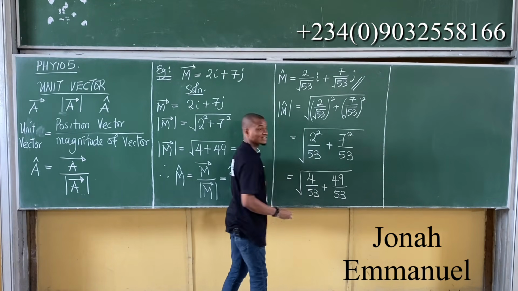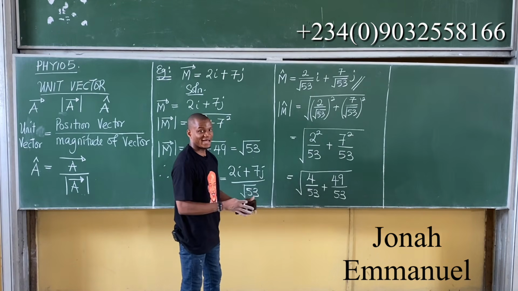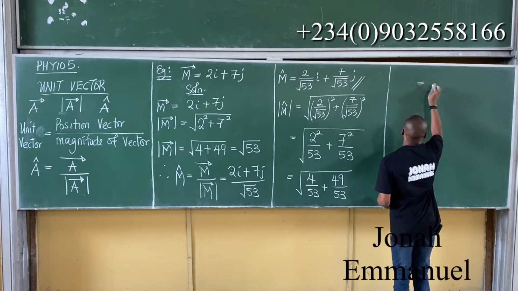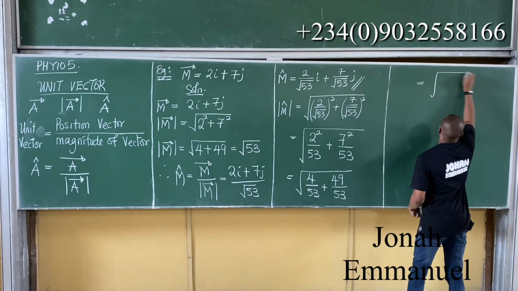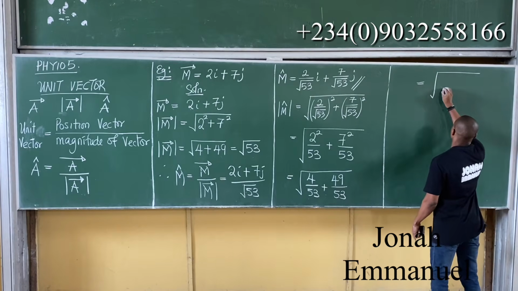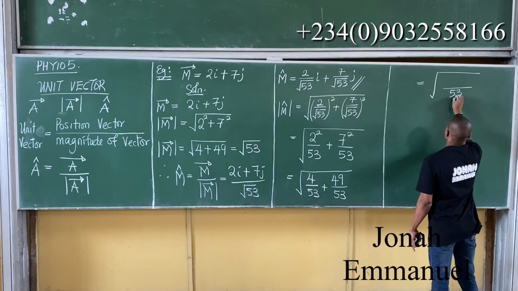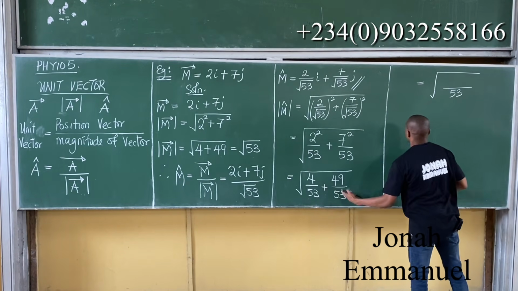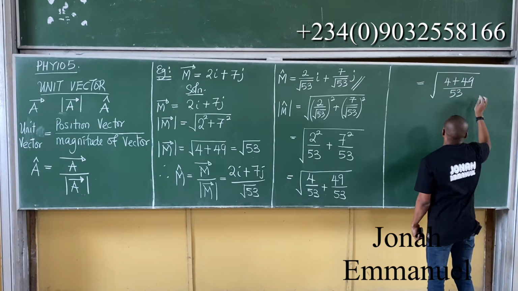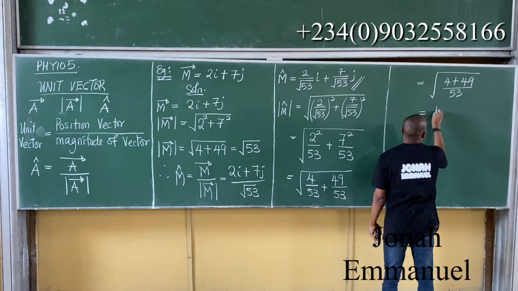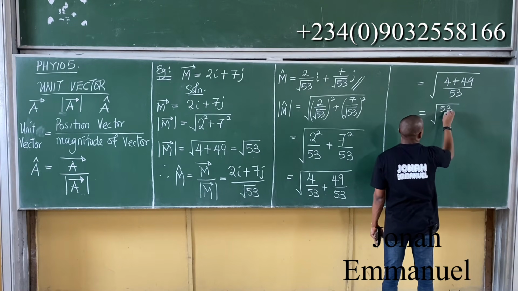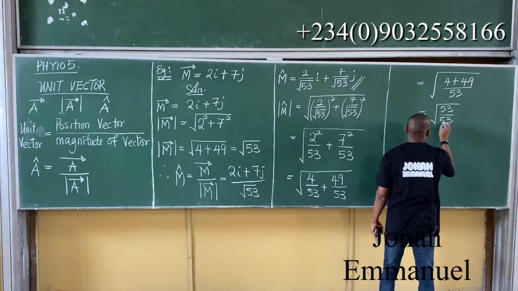Since I have same denominators, I can add them up. So it's now equal to the square root of, I'm having same denominator here, so it becomes 53, and I can simply add up the numerators, 4 plus 49. These two sums will give you 53 all over 53.